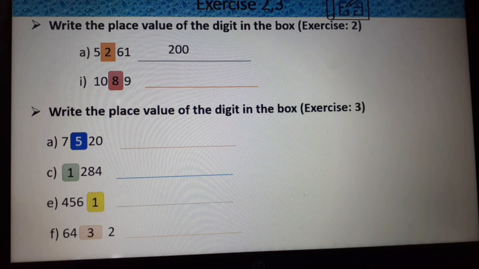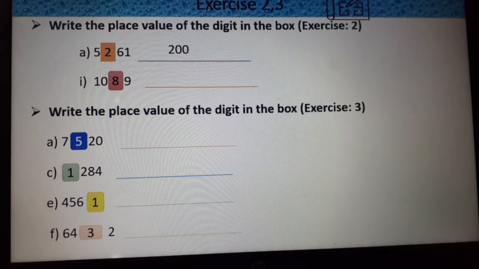Okay. My students, Navan, Sara, Zarif, and all the others, did you get it? So Nuraya or the others, Wafi, what will be the answer? 1089. The highlighted one, 8. What will be the place value of 8? Sami, say it. 1089.